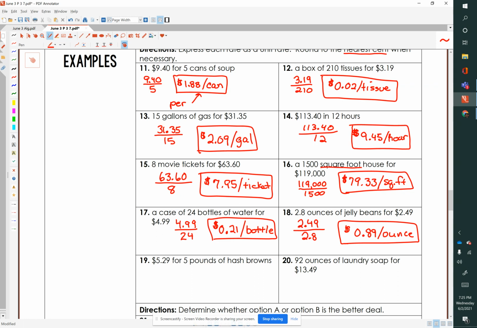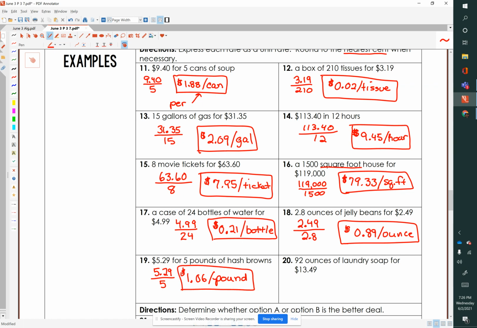And 5 pounds of hash browns for $5.29. So our numerator, $5.29. Our denominator, 5 pounds of hash browns. And that comes out to $1.06 per pound.